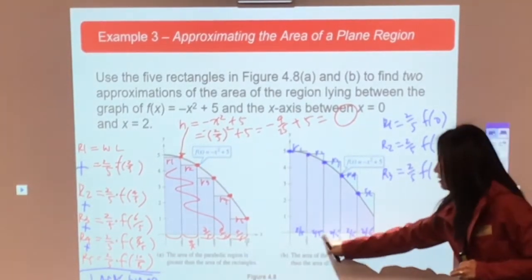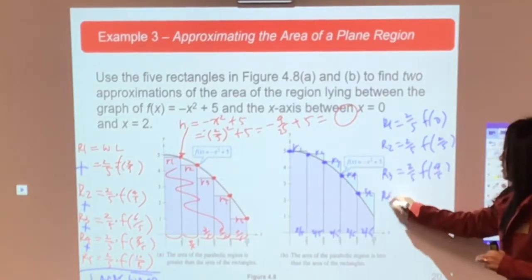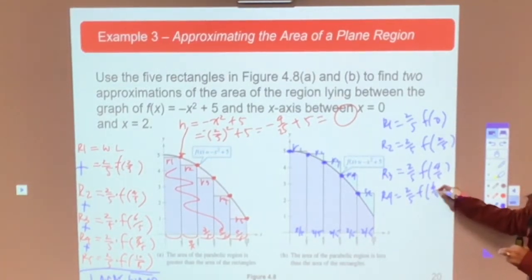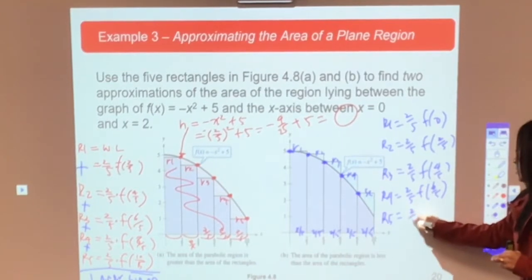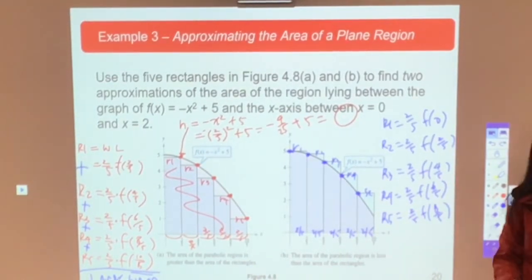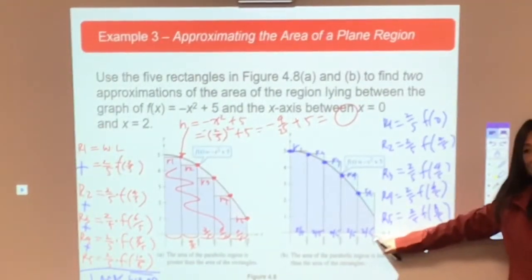F of what? 6/5. What's the next one? F of what? 8/5. Do I need to go further? No. Do I need to go to 10/5? No.